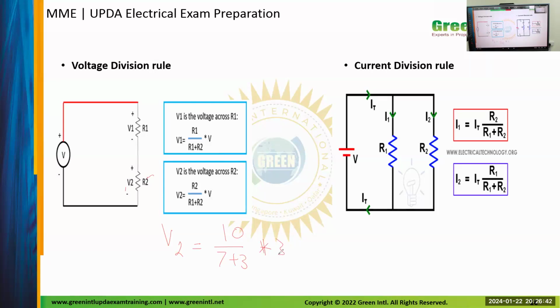That's how we get the formula: total voltage divided by total resistance, into the same resistance. So this is the voltage division rule.